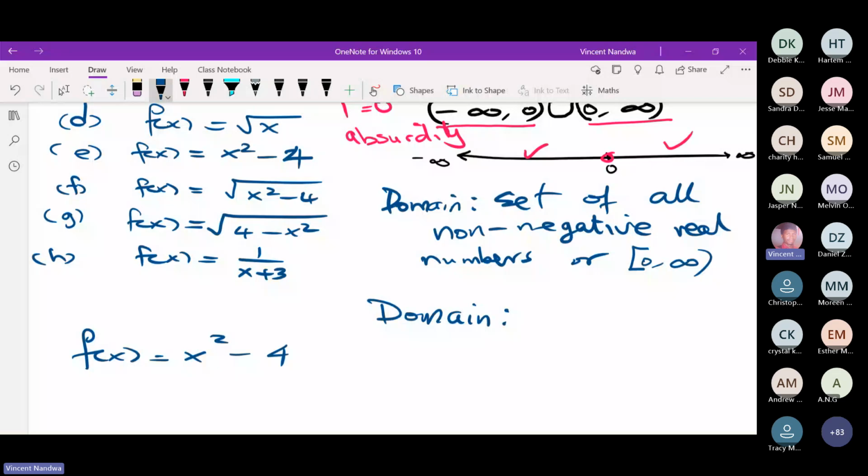When you have negative numbers, does the expression x squared minus 4 give you a number, or does it give you a math error on your calculator? If you have negative values of x, then you square them and then you subtract 4. Do you get a number or a math error? A number.